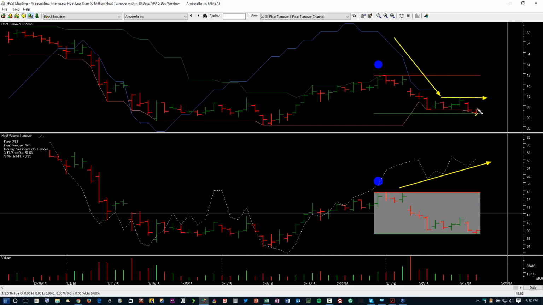Theoretically, as Matt pointed out, before this float is going to turn over again, it's going to have to take out this high right here where there would be new ownership. Now, that is if 100% of the shares turn over.